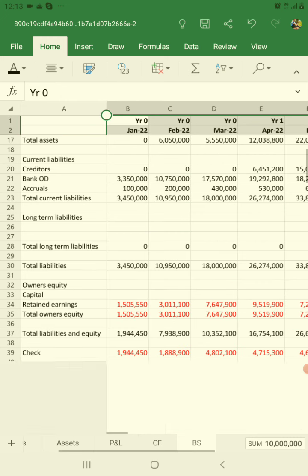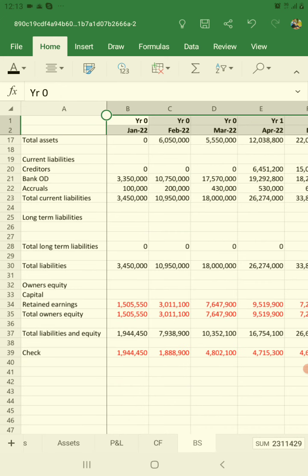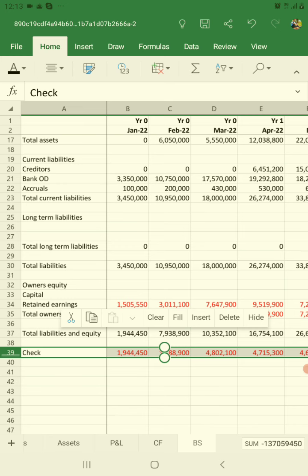So we go to balance sheet. As you can see, the check for balance sheet is not balancing. The check is not balancing.